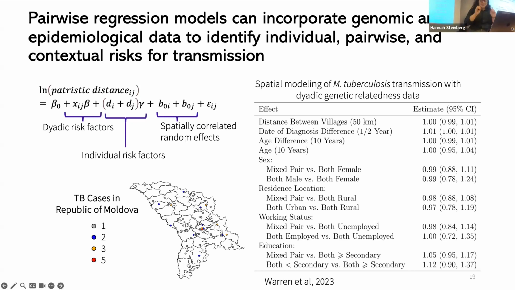And unfortunately, in this specific model, none of the covariates are significantly associated with patristic distance, but it was a really good proof of concept of how to use these models.